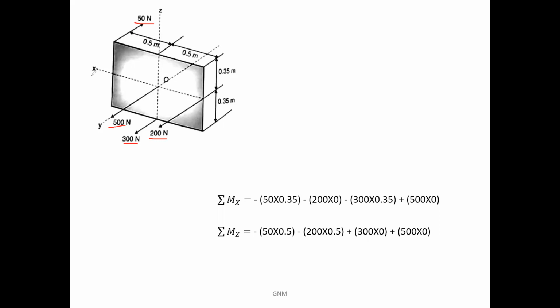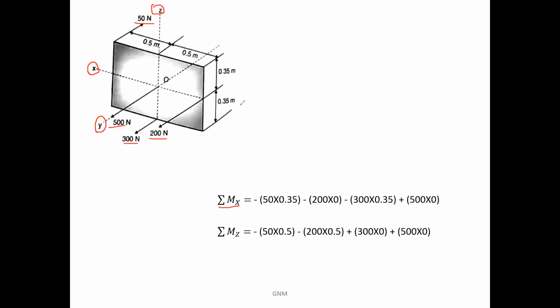As usual, look for the xyz axis. This is x-axis, here is y-axis, and this one is z-axis. As all forces are parallel to the y-axis, we can write moment of these forces about the remaining two axes, that is x-axis and z-axis. Let us first write down moment of all forces about the x-axis.